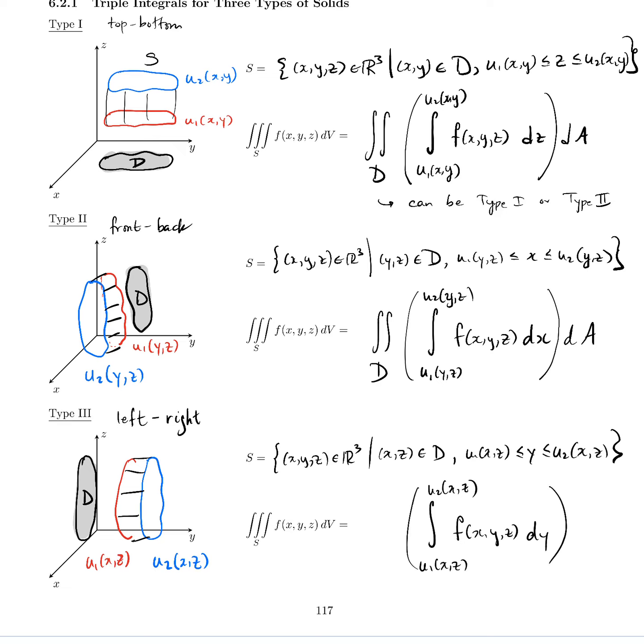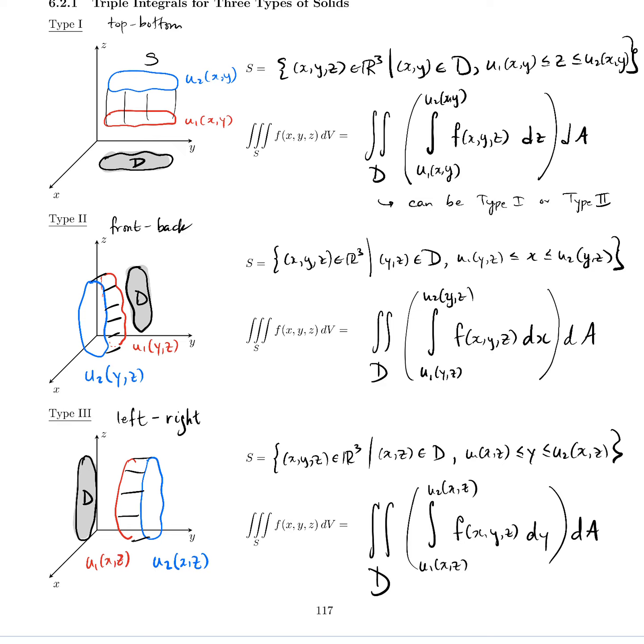And in the exact same way, that's going to be set up as a double integral over that projection region, or that shadow region D, now in the xz plane, dA. And that, of course, can also be type 1 or type 2.